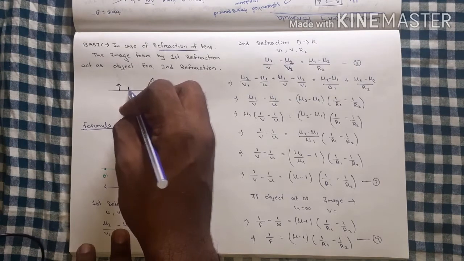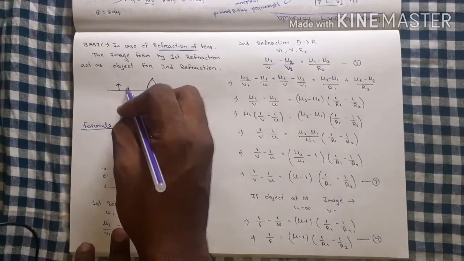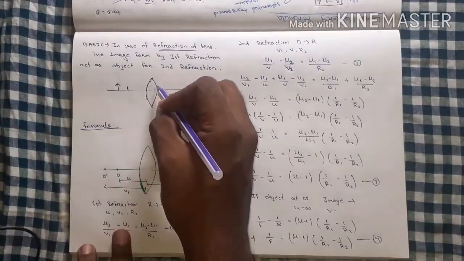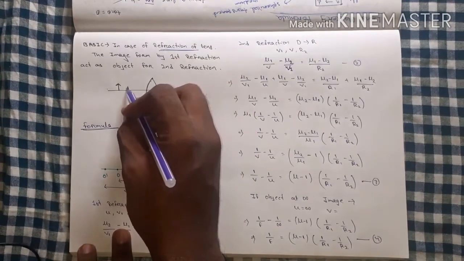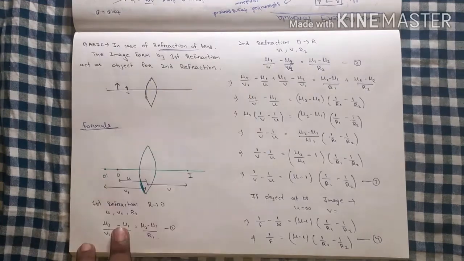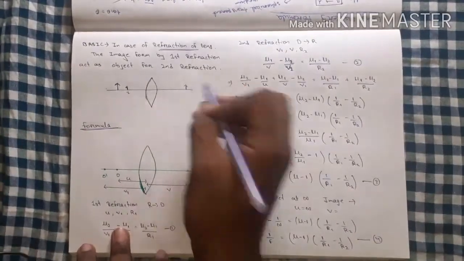The image will be here or here, anywhere. Suppose the image forms here. For the second refraction, this image acts as an object, and here will be the final image.